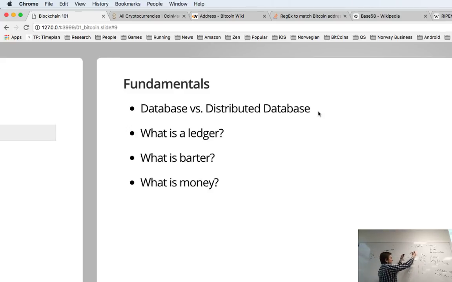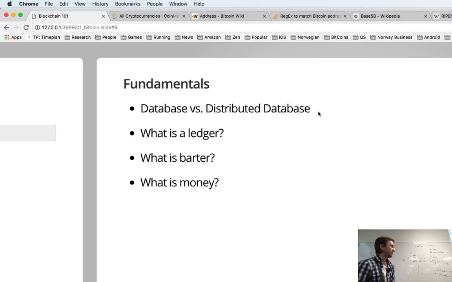So a ledger is basically a list of all the transactions that have occurred and the current state of accounts, right? So we know that Alice has 80 and Bob has 20. With the pseudonymous identities, we don't know their names, we only know the addresses of where the funds were coming from and going to.